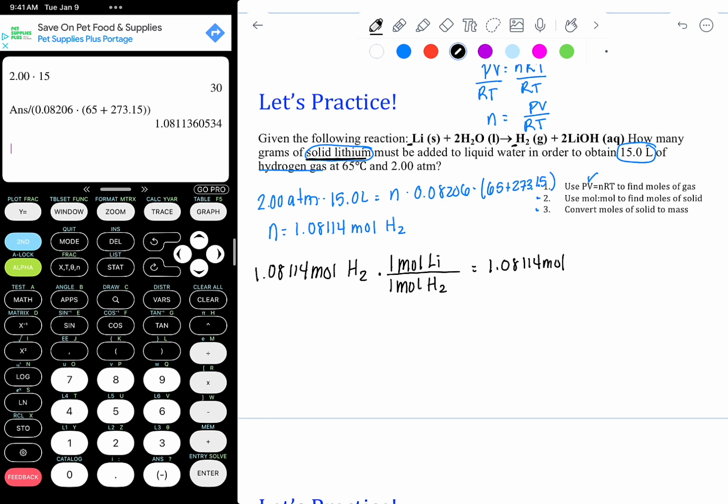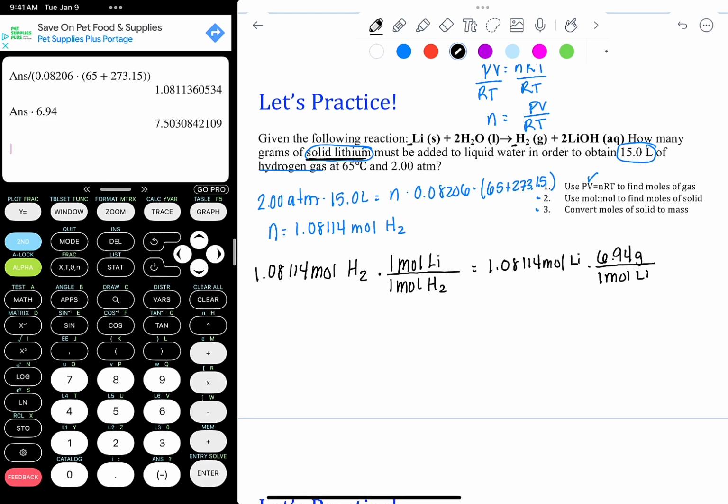Once we have moles of lithium, we can then use the molar mass of lithium solid, which is just from the periodic table, to find the mass. So 1 mole of lithium has a mass of 6.94 grams. So we'll take that and multiply it by 6.94, and we get out 7.50 grams of lithium.